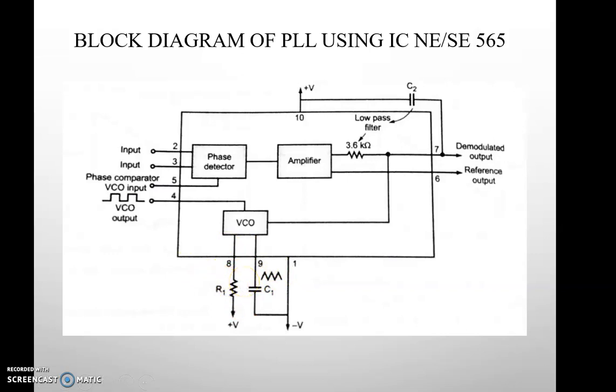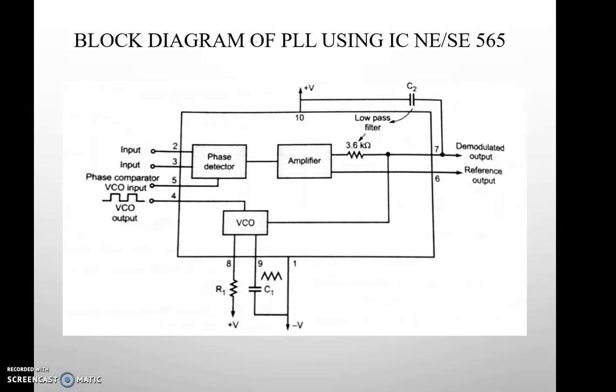C1 can be of any value, but R1 has to be in the range of 2 kilo ohm to 20 kilo ohm. A capacitor C2, which is connected to pin number 7 and pin number 10, forms a first order low pass filter with an internal resistor of 3.6 kilo ohm. This is the low pass filter.